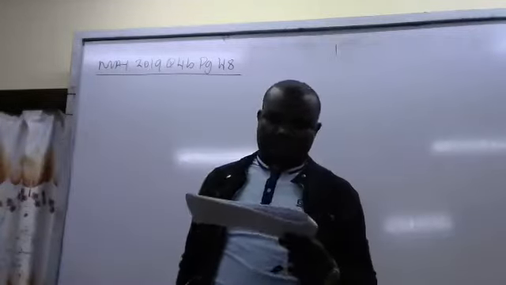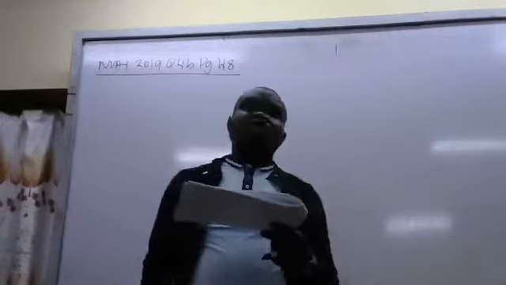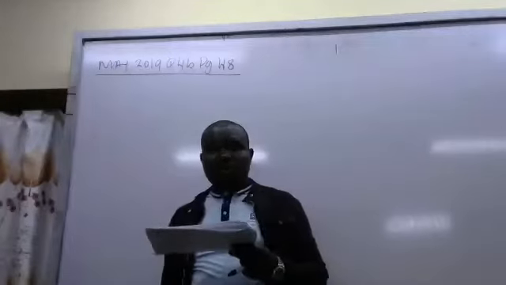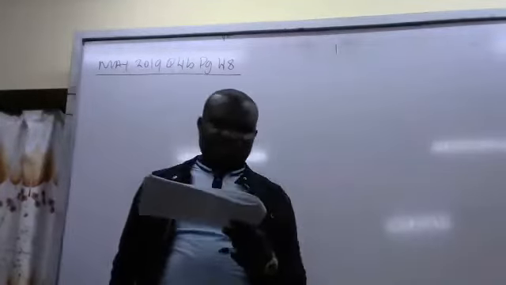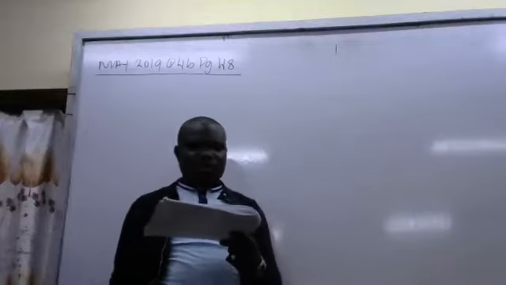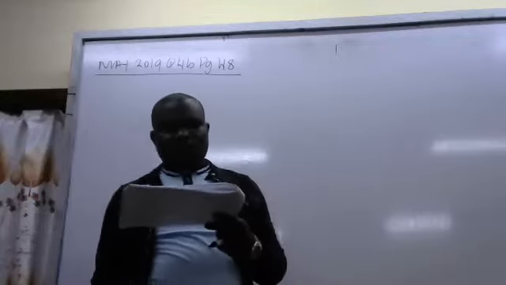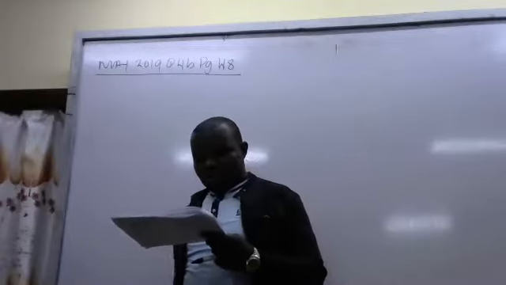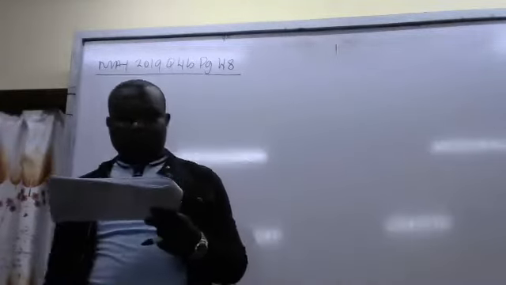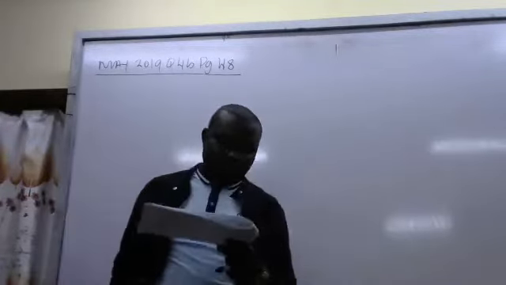A shareholder was granted the right to buy one new ordinary share for every 5 ordinary shares held at a price of shillings 120 per share. The market price of the ordinary shares before the rights issue was 125 per share.